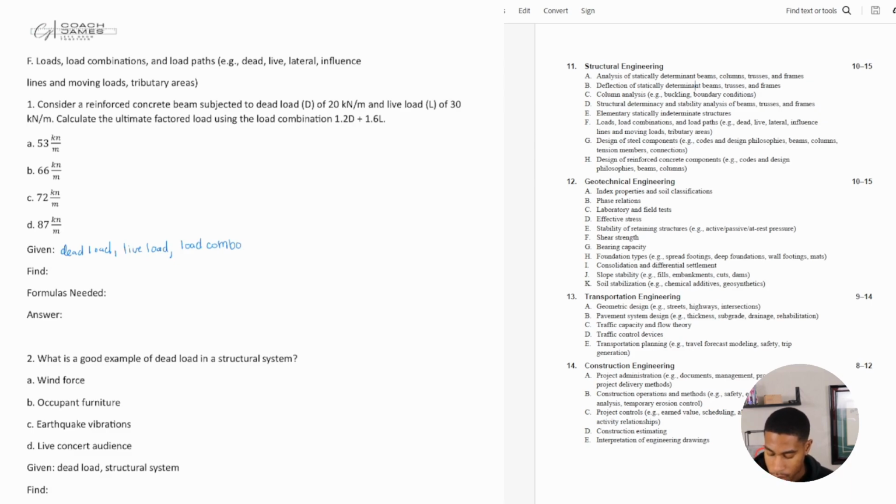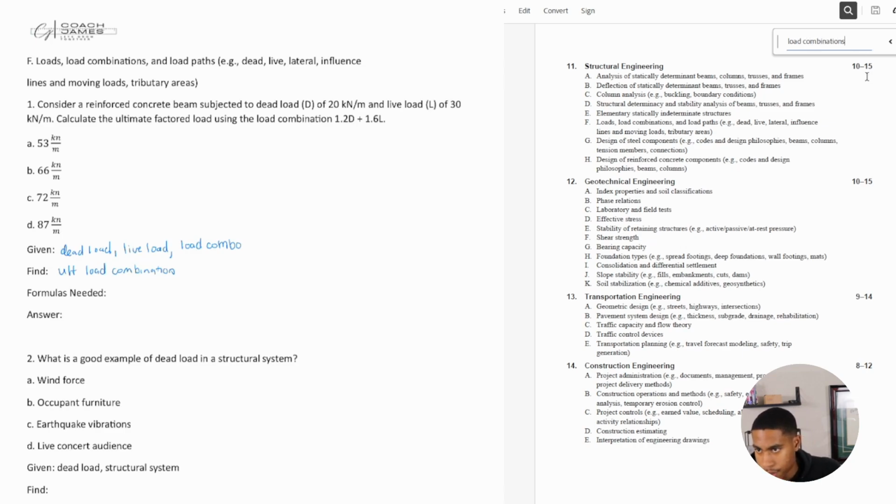So we're trying to find the ultimate load combination. I can tell from my answer that it needs to be in kilonewtons per meter. So what formulas would I need? Well, if you're not familiar with load combinations, what are they? Let's look up load combinations.